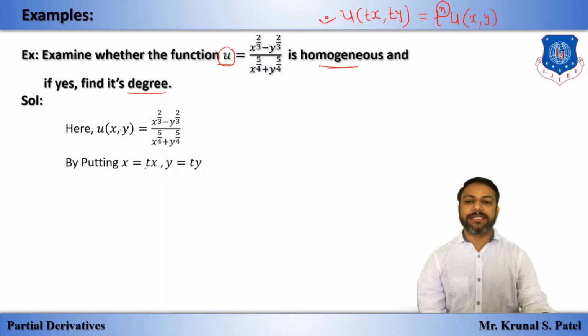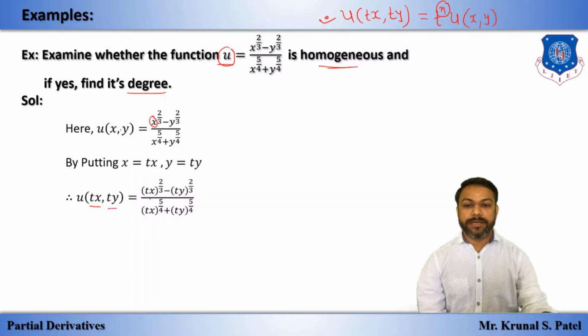So by putting x equal to tx and y equal to ty on both sides, we have tx, ty: this x becomes tx, this y becomes ty, so ty whole raised to 2 by 3, and the same in the denominator, tx whole raised to 5 by 4, ty whole raised to 5 by 4.